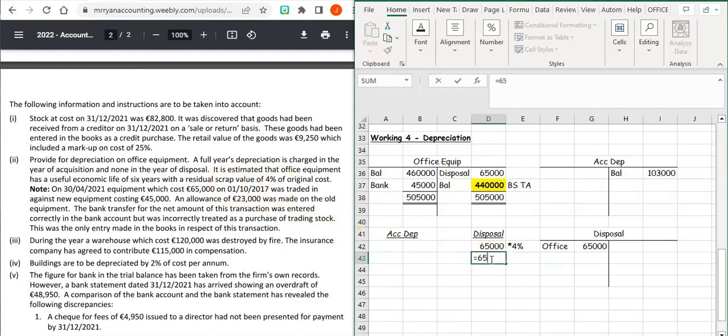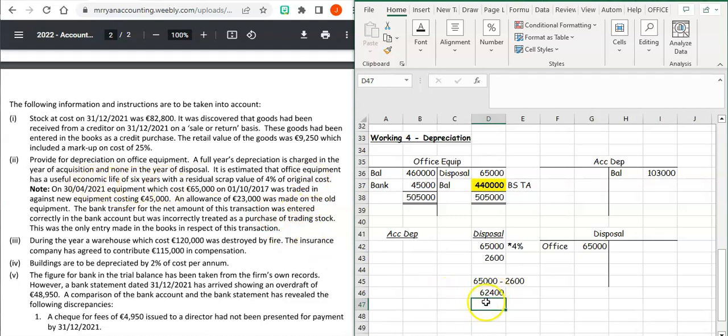We want to multiply that by 4% because that's what the scrap value is going to be. So it's 65,000 multiplied by 4%. So at the end of the economic life, we'll get some value of the office equipment of 2,600. So you're going to take the 65,000, we're going to take away the 2,600 because that's how much value you want to have at the end. So the amount that we need to calculate depreciation on is the 65,000 minus the 2,600. It's telling us that it's got an economic life of 6 years.